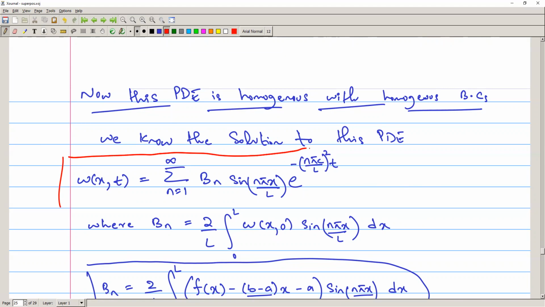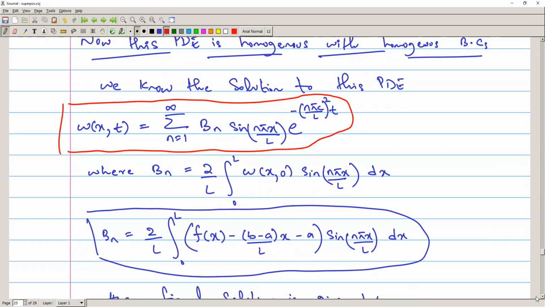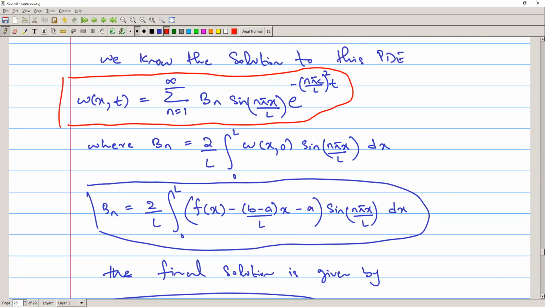So w of x,t will be equal to this equation, where we know that Bn is given by 2 over L integral 0 to L of w of x,0 times sine of n pi x over L. So the integral will take this form, 2 over L integral 0 to L, and we will then apply the value of w of x,0, right?